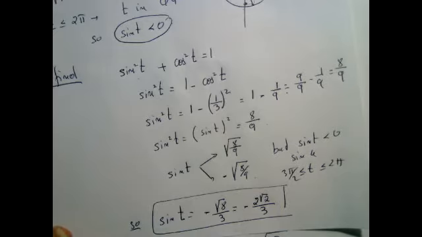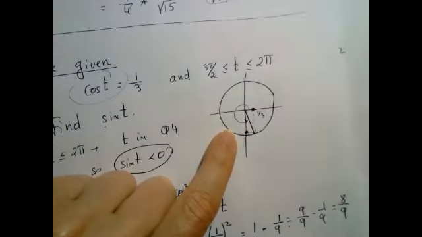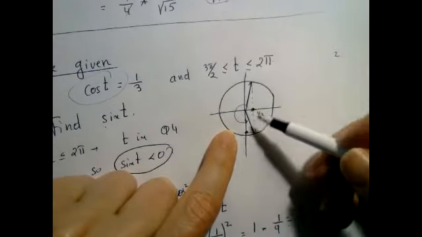Do you guys understand? Yes, Kishan, what's your question? Okay, so why did I pick the negative? Because the cosine is 1/3, but there are two angles that have the same cosine.